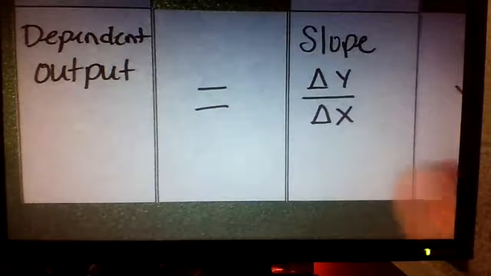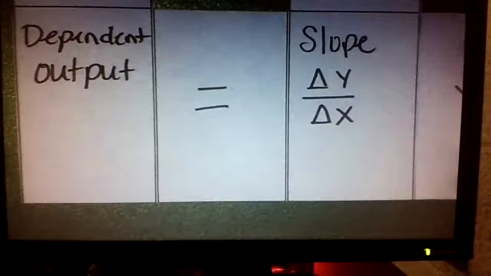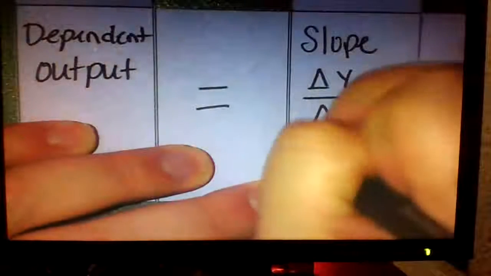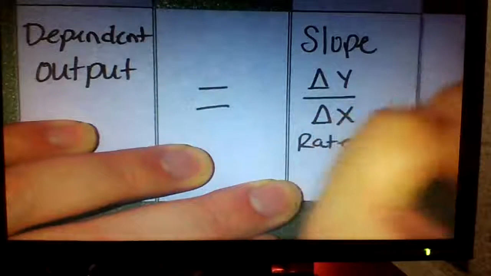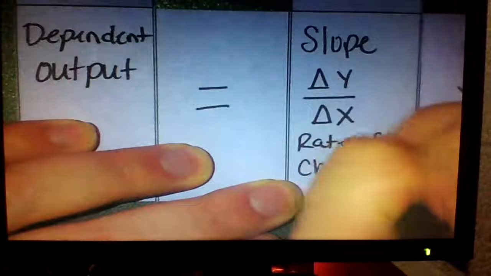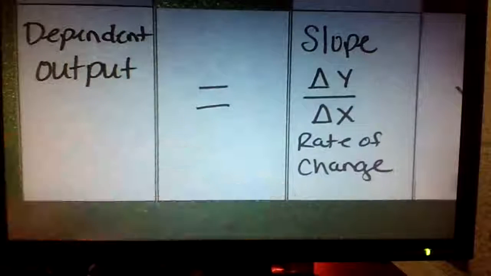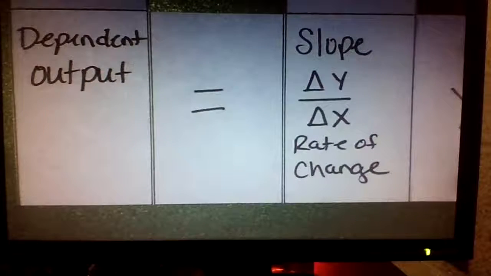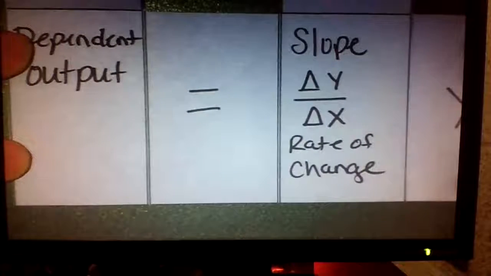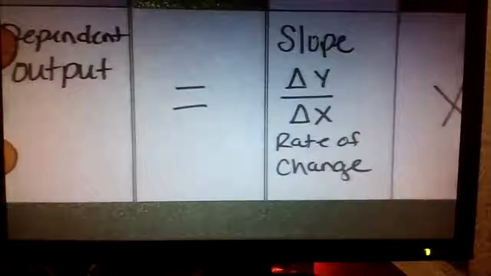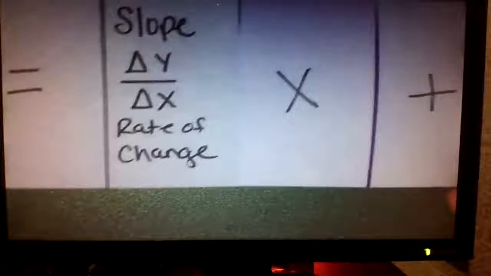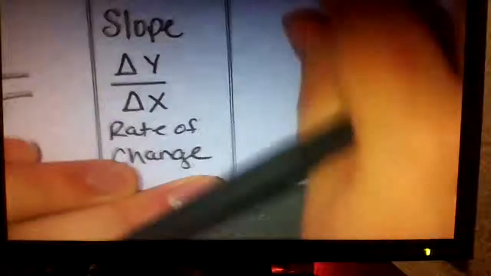It's the rate of change. Your x is your independent variable.